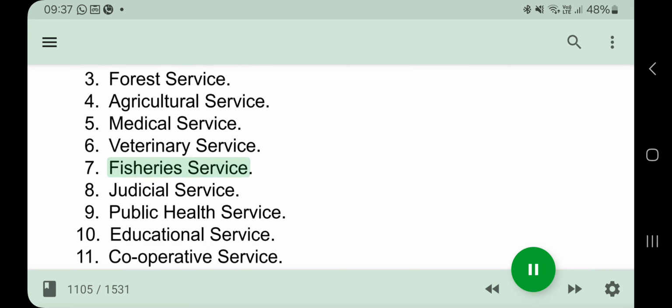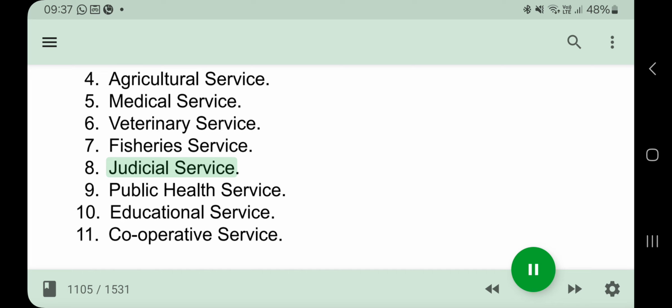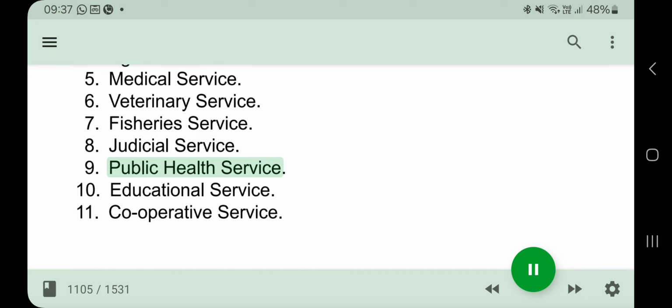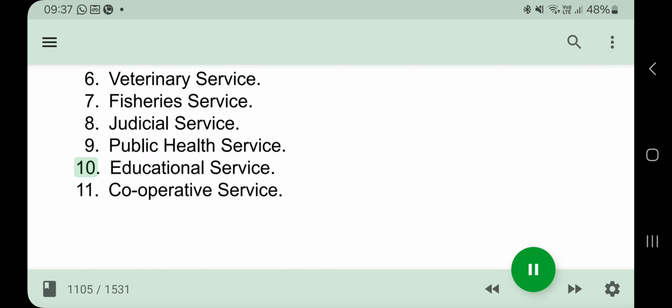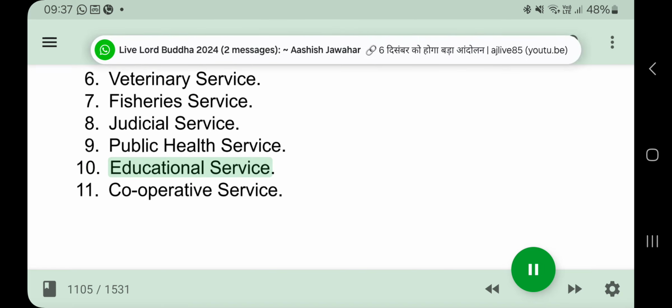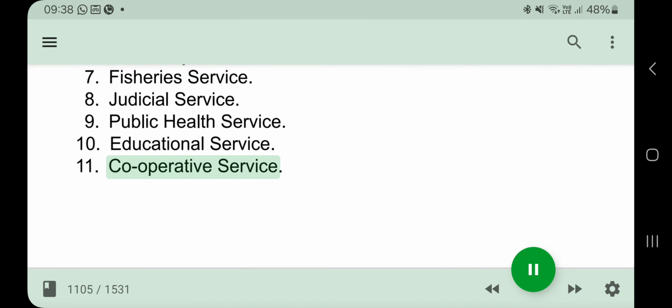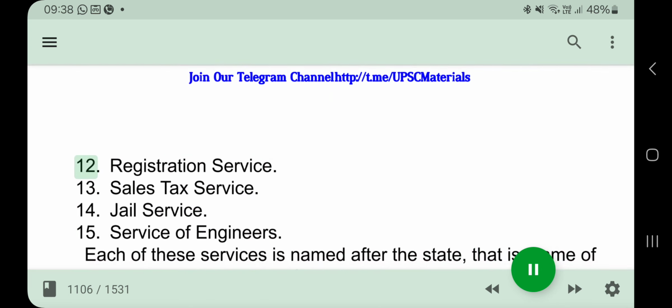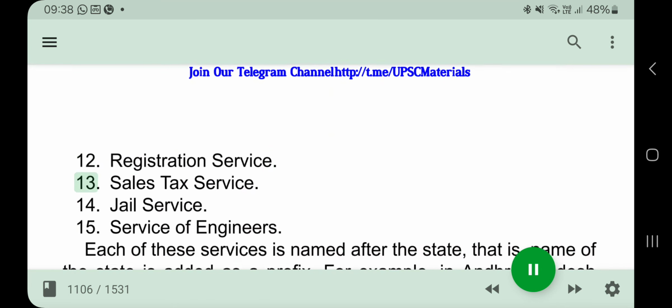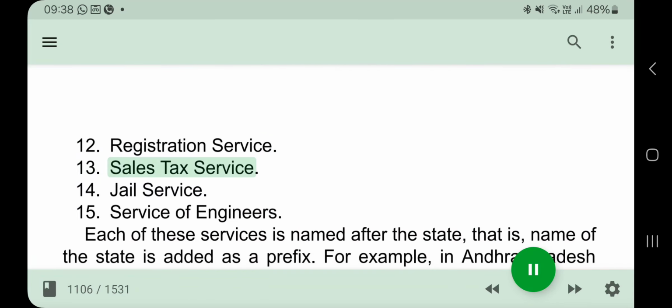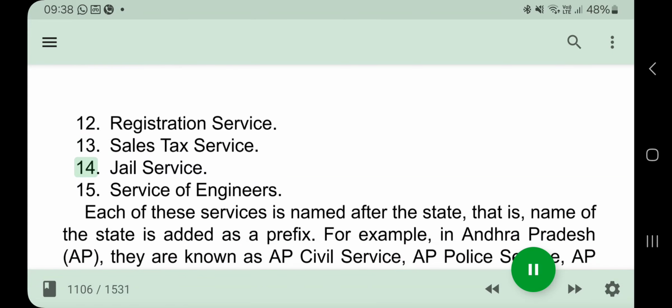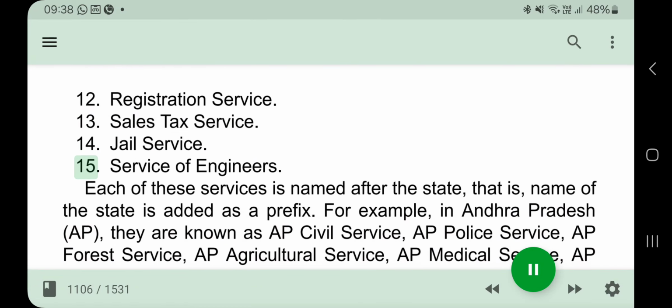Fisheries service. 8. Judicial service. 9. Public health service. 10. Educational service. 11. Cooperative service. 12. Registration service. 13. Sales tax service. 14. Jail service. 15. Service of engineers.